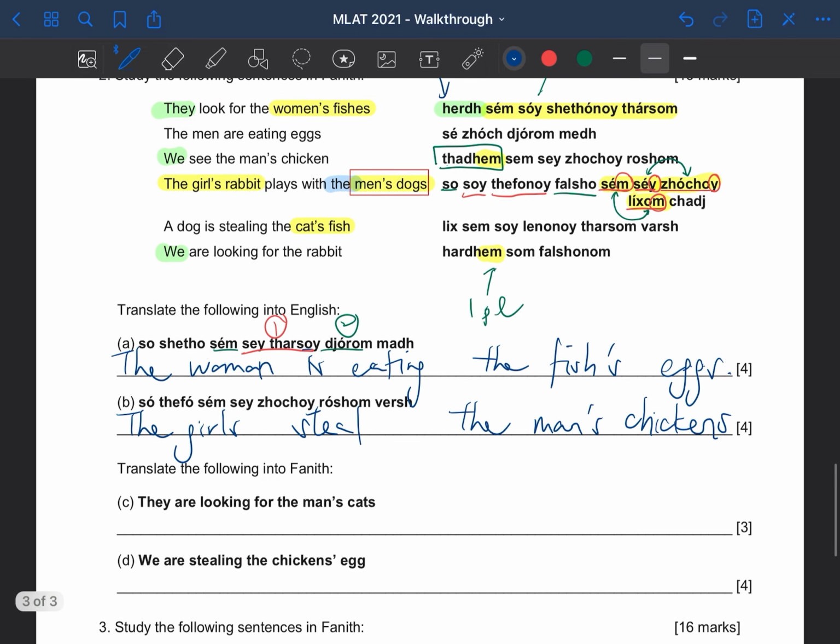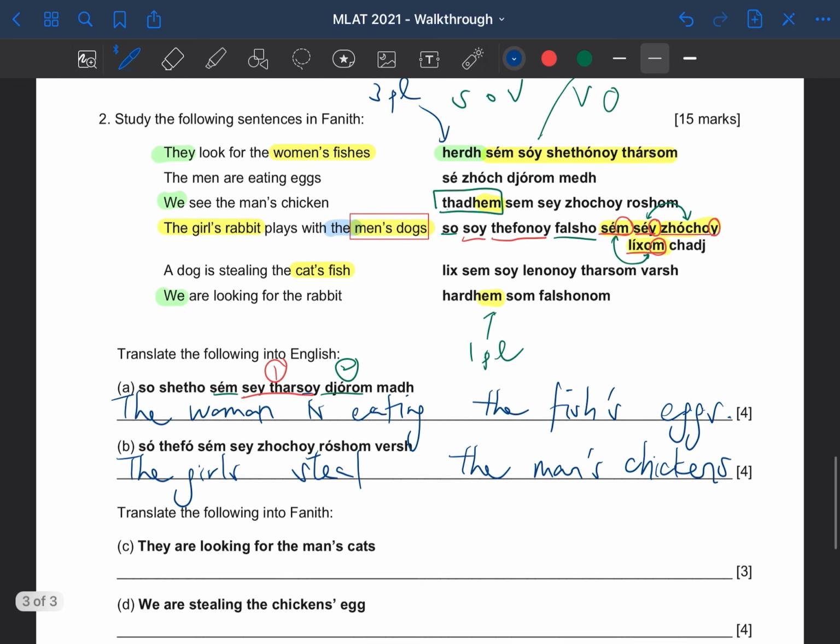So for the sentences in English, they are looking for the man's cats. So what is they are looking for? They are looking for is actually the same as herk. And we put the cats first. So what is the cats? The cats would be soy lenonoi.